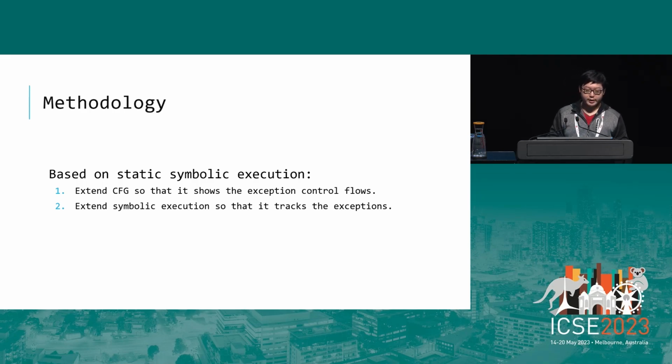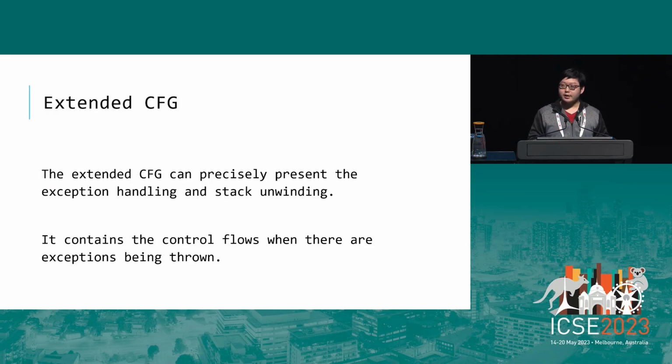Secondly, we extend classic symbolic execution so that it tracks the exceptions. The extended CFG can precisely represent exception handling and stack unwinding. More specifically, it consists of the control flows when exceptions are thrown.